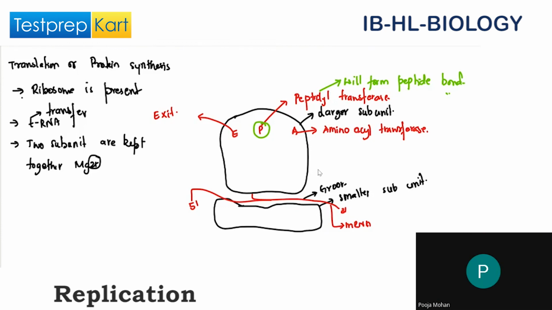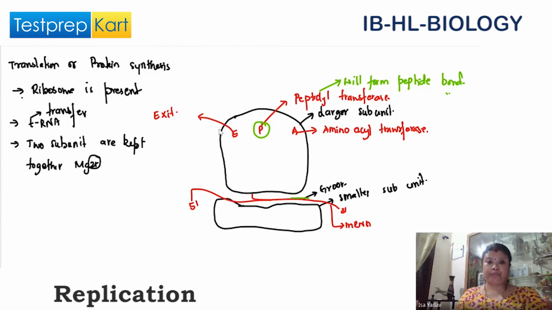The mRNA enters this groove. Now this mRNA will have only coding sequences. Once it enters into the groove, a bond is formed.